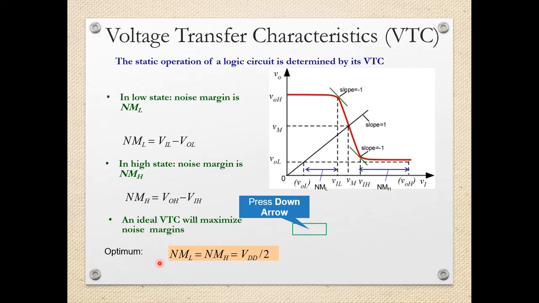As we know, it is an inverter, so if the input is 0, the output will be VOH, that is logic high, and when the input is logic high, that is VOH, at that time the output will be logic low. So this is the curve which we obtained for this inverter.